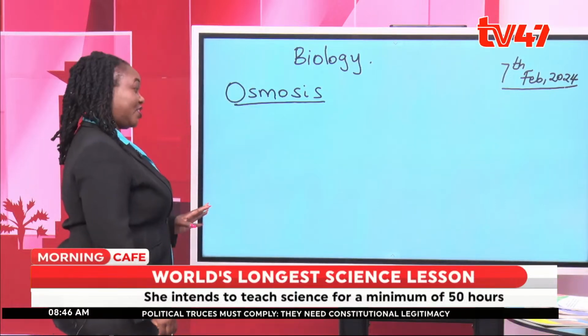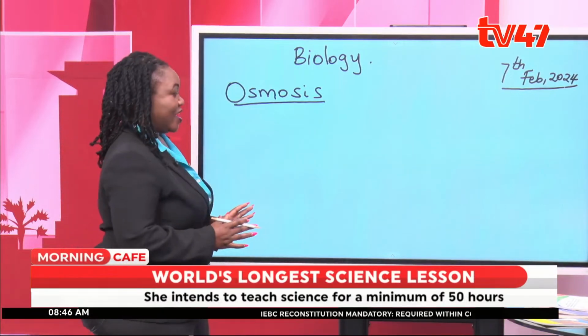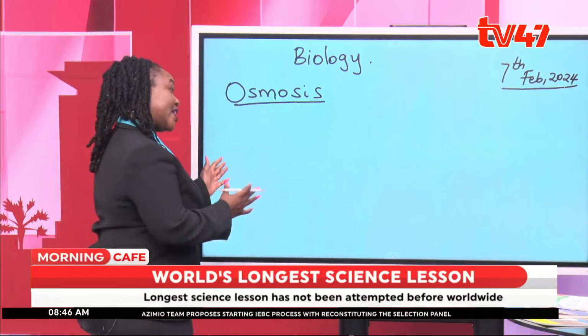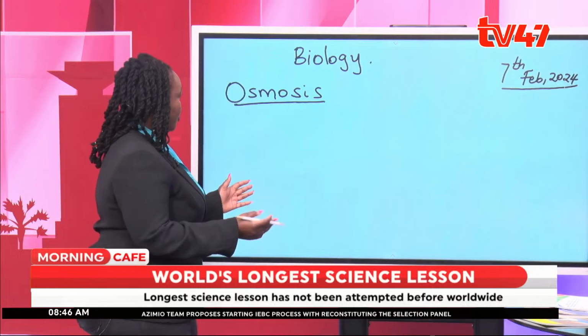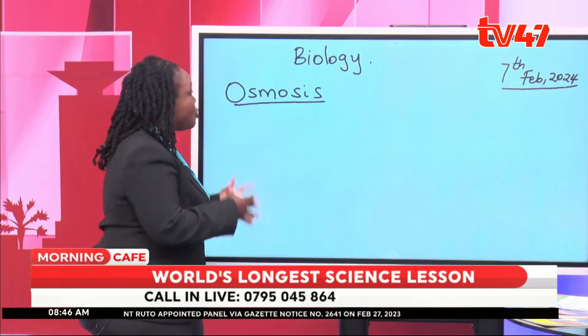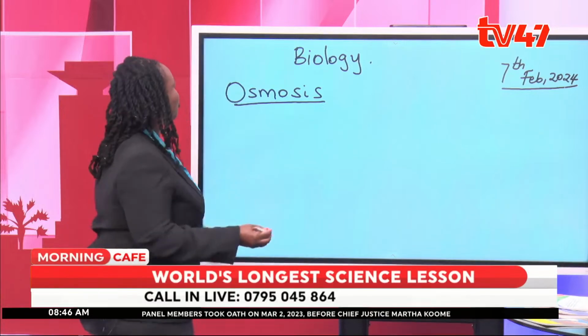So as a teacher, when you get to class, you need to let your students know the objectives of that lesson. Of course, you tell them the topic or subtopic, and what they're supposed to know in it. It's called objectives.